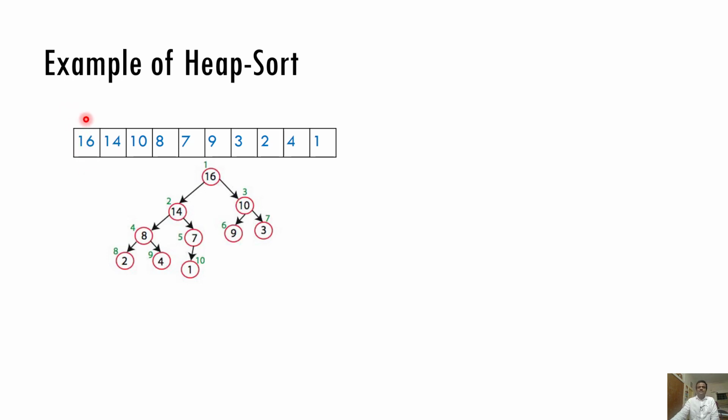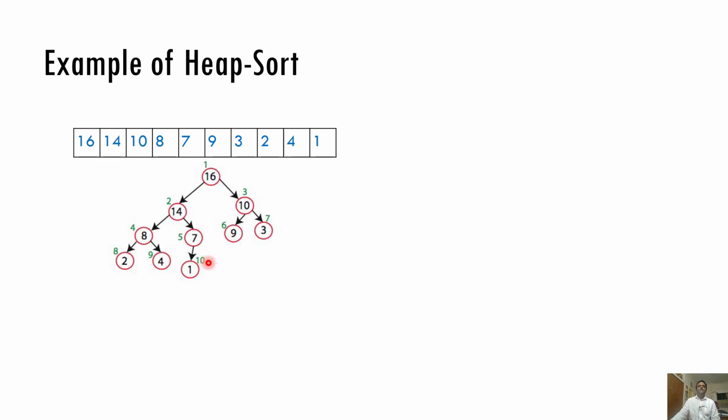So the first element is the root, 16 is the root, followed by the left child, the right child, and this way: A1, A2, A3, A4, A5. So this is our corresponding tree which we are viewing.